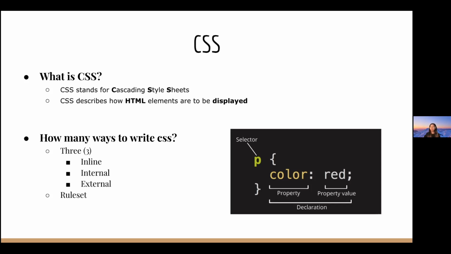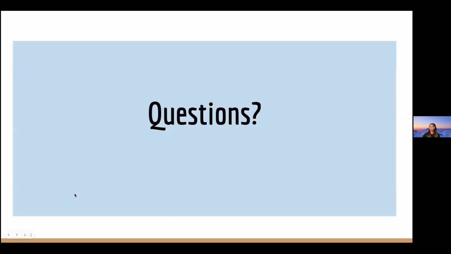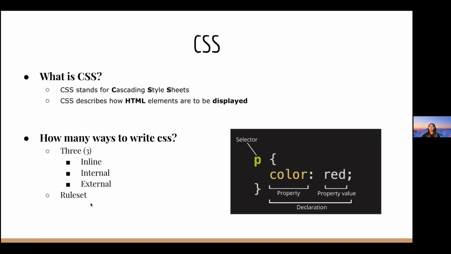But with CSS, in order to write it, we create rule sets. What is a rule set? If you take a look at this image right here, this is a rule set. There are different portions of it. There's the selector.